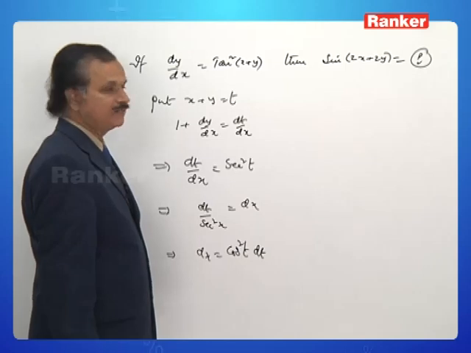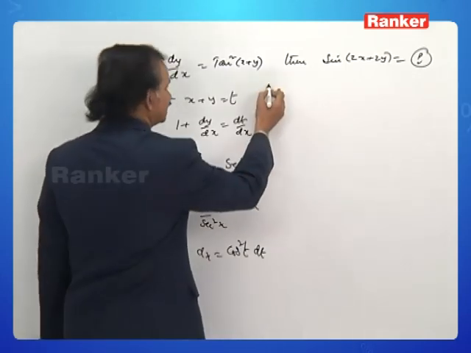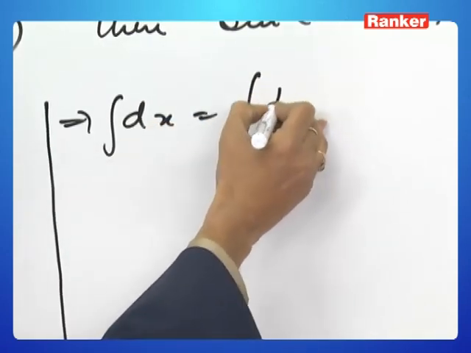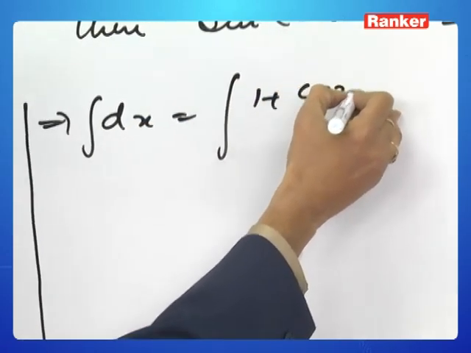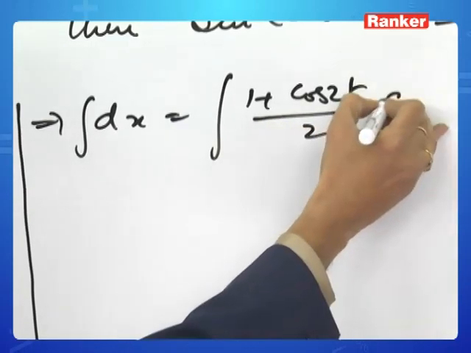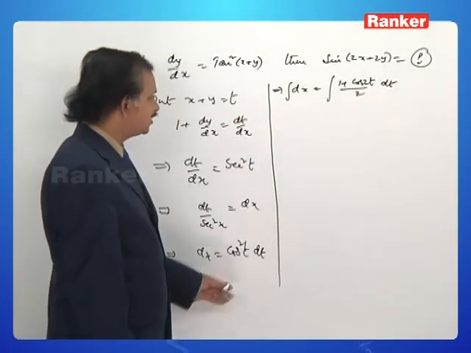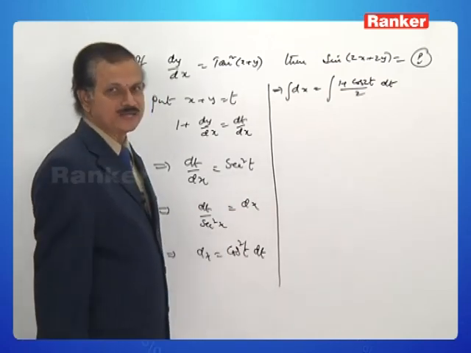Integral of dx is equal to integral of cos square t dt. I could have written cos square t as (1 plus cos 2t) by 2.